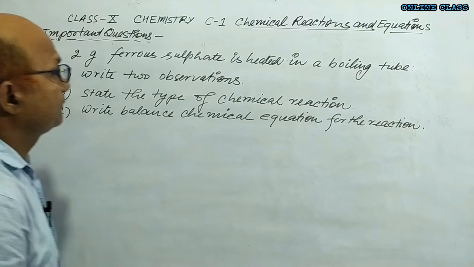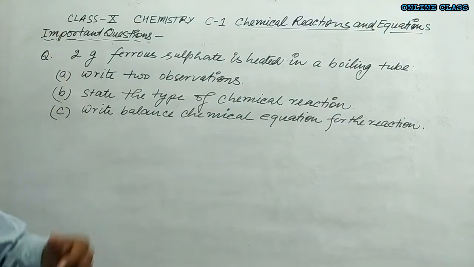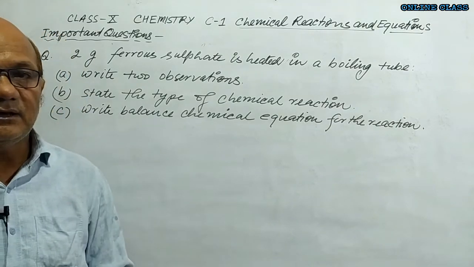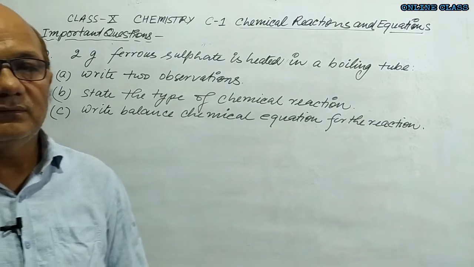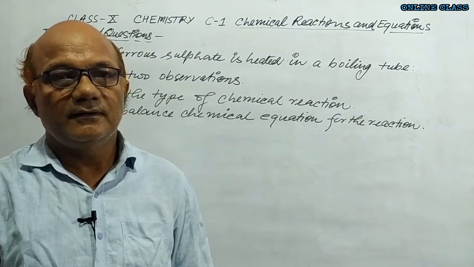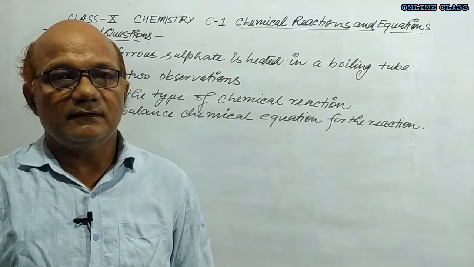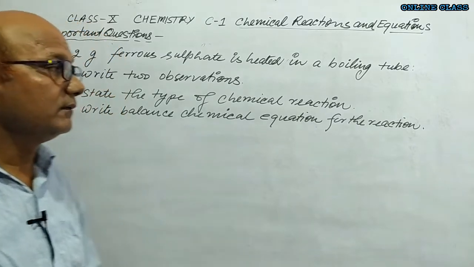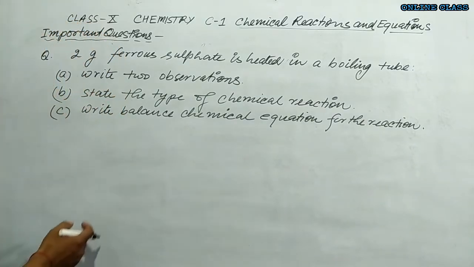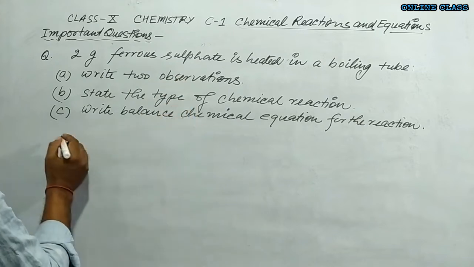Okay. 2 gram ferrous sulfate is heated in a boiling tube. As we know, ferrous sulfate crystals are light green in color. Write two observations.